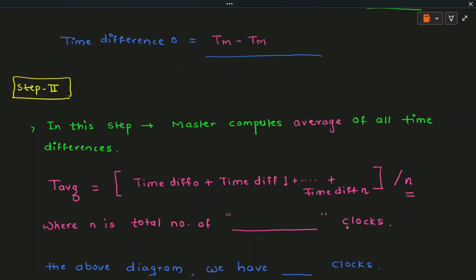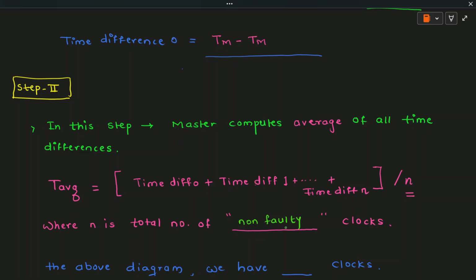Here n is the number of non-faulty clocks, that is, the number of participant nodes including the master in the distributed environment.